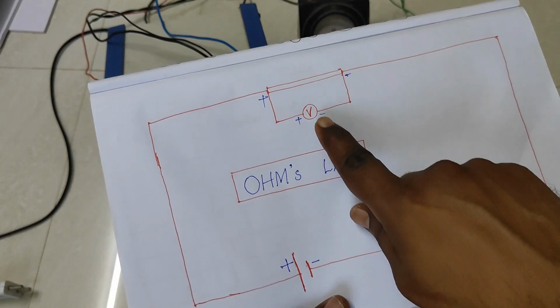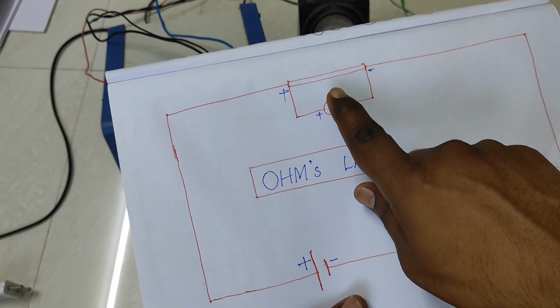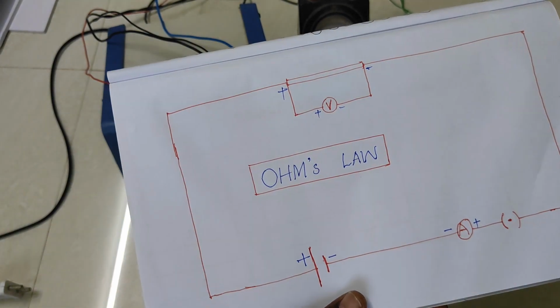The voltmeter is connected in parallel in the circuit.